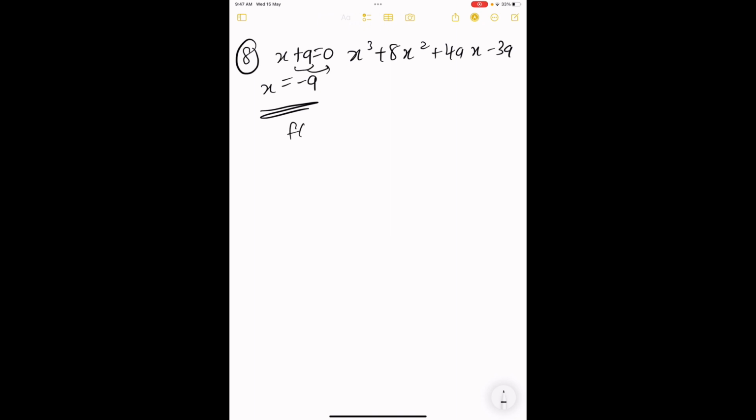So f(x) is this one. Put f(-a) equals 0 because it is a factor, as mentioned already. So you change minus a inside the equation.